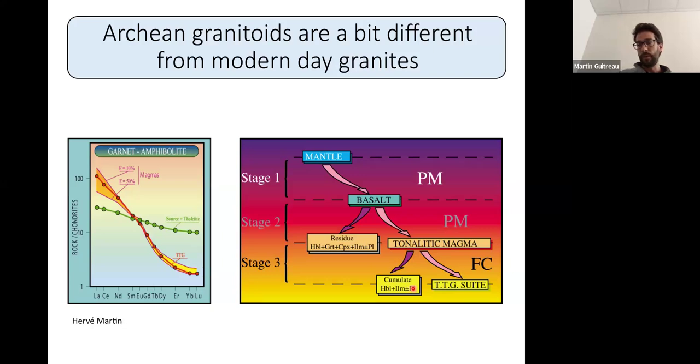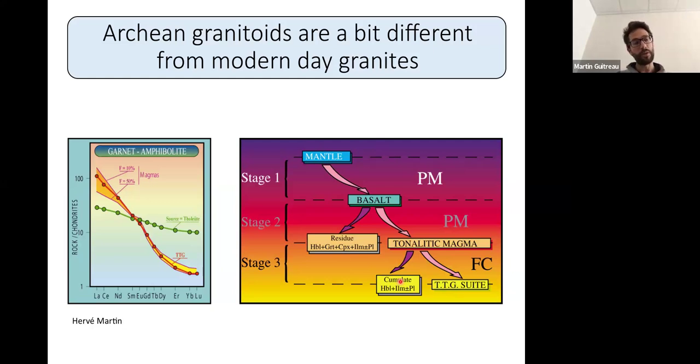So I think that's what people agree on in the present day, this sort of scenario for generation of TTGs. And now it becomes hotly debated in which geological setting you're allowed to bring this basalt to melt to generate these TTGs.